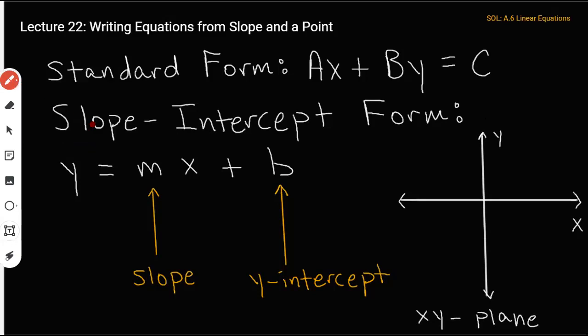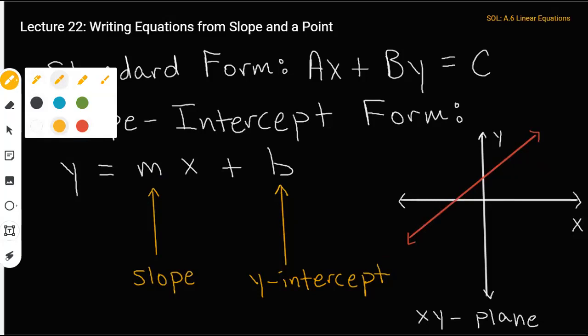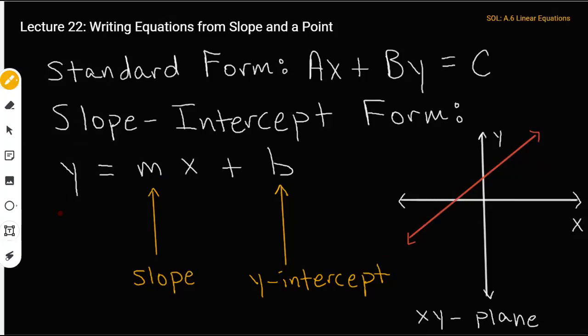I'm going to change my color to red, and I'm going to draw my line. And I'm going to put arrows at both ends. Okay, so this line, it's going to cross the x-axis right here.